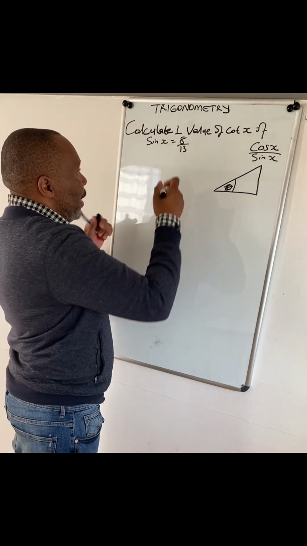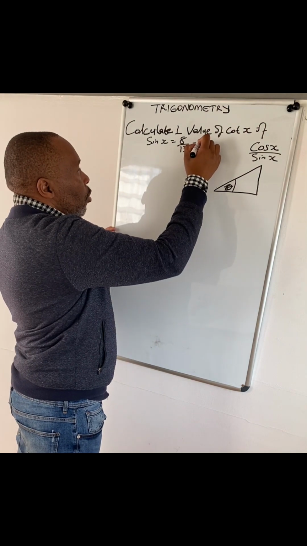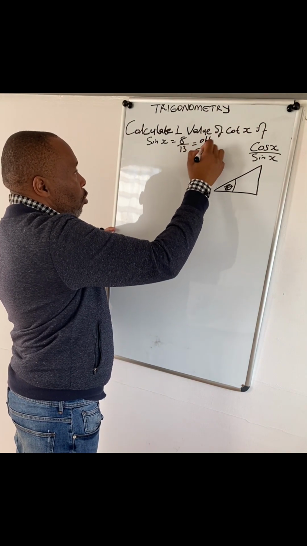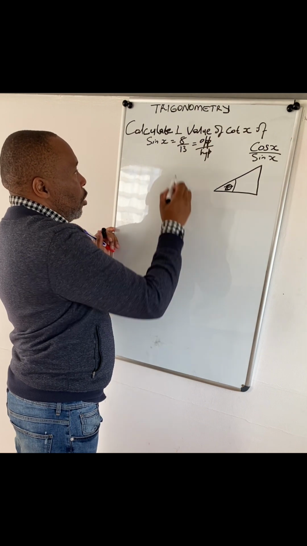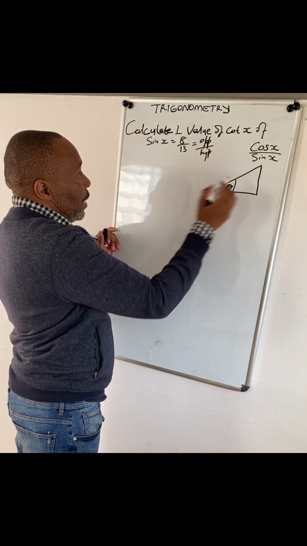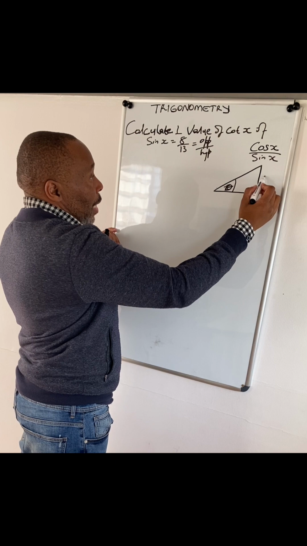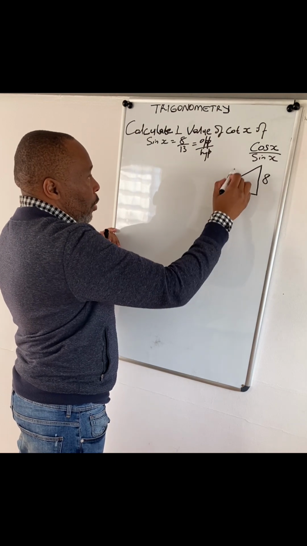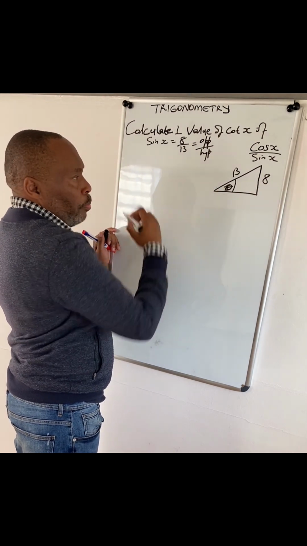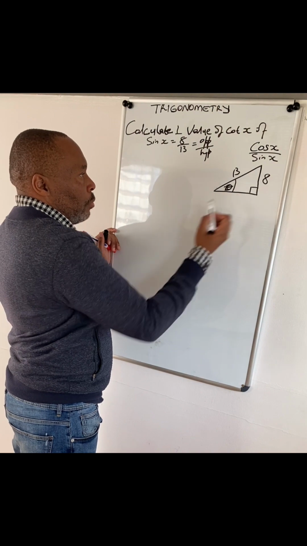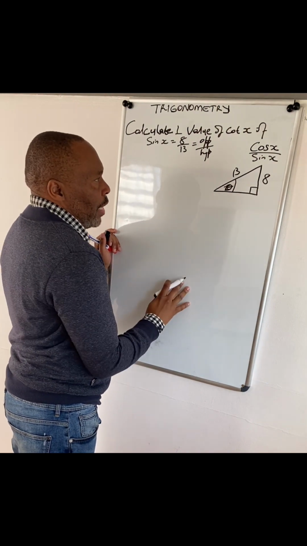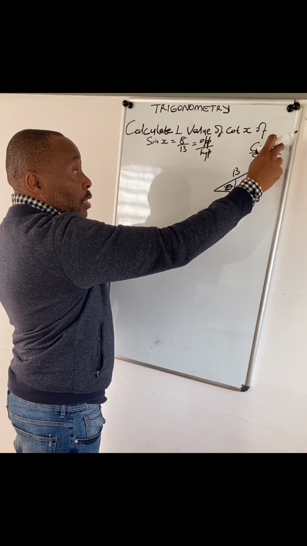We know that sine x is equal to opposite over the hypotenuse. So by giving us 8/13, they've told us that our opposite side is 8 and our hypotenuse is 13. But we don't have the adjacent, which is what they want us to find.